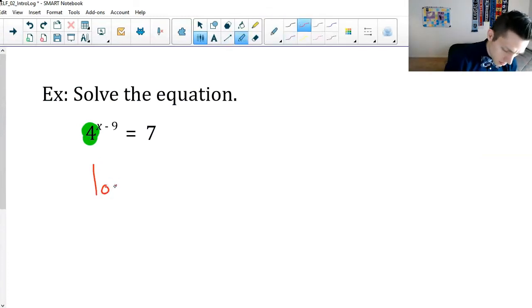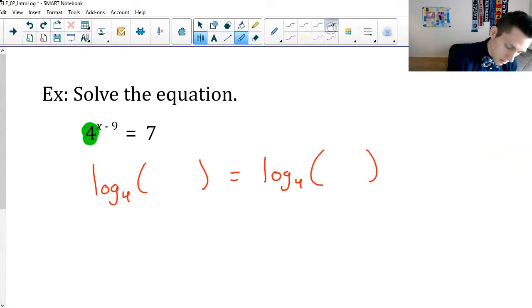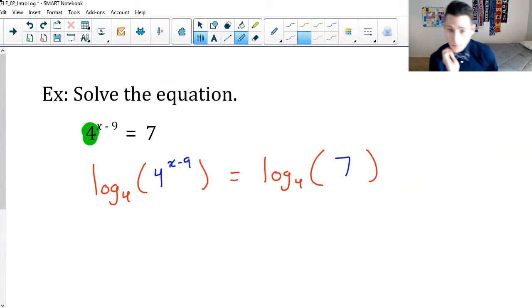So I'm going to use log base 4 on both sides. Just take both sides of the equation and put them inside of logarithms.